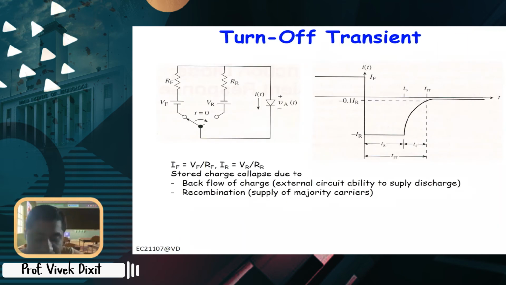For example, let's say in forward bias, RF is the resistance, so the maximum current will be VF by RF, right? Assuming VF is large compared to 0.7 V, the diode cut-in voltage. Similarly, the reverse bias current will be VR by RR, right?